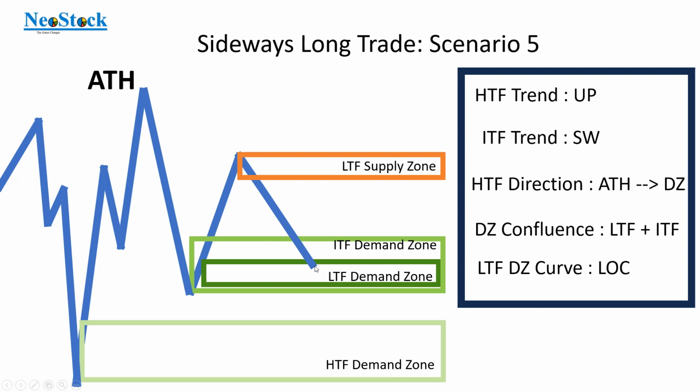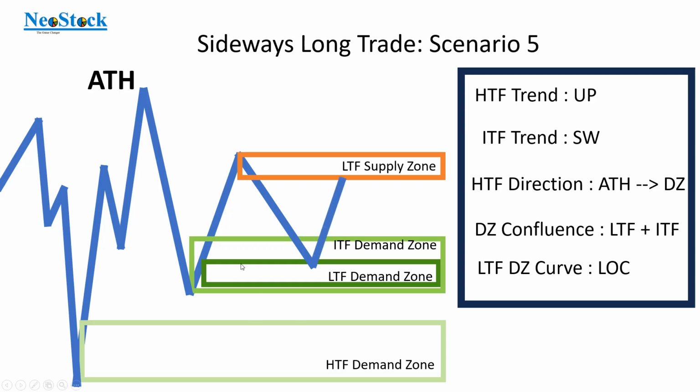You can go for a long trade only when the sideways checklist items are satisfied. Otherwise, you can't plan the trade. You are going to learn the sideways trade setup checklist items in the third part of lesson 30. That is the upcoming lesson.